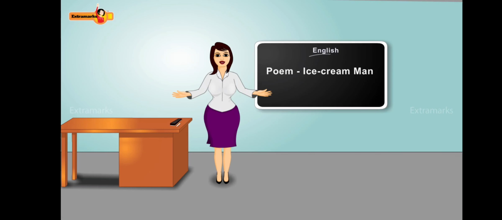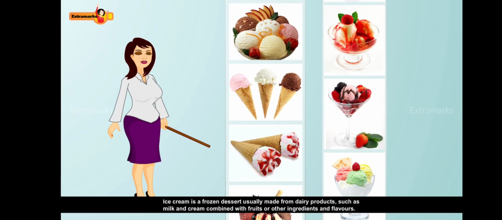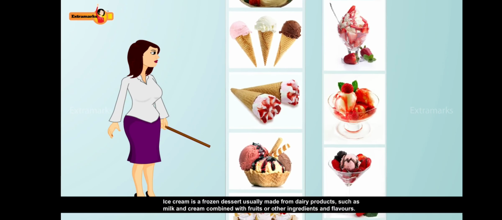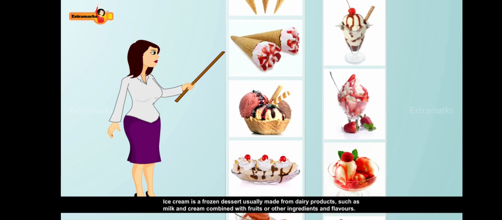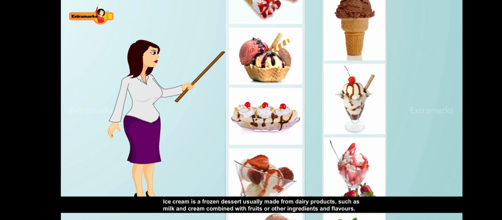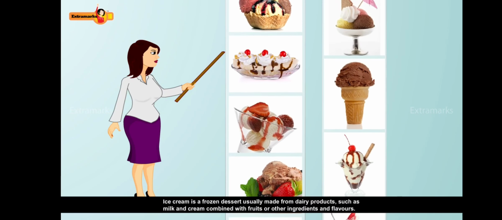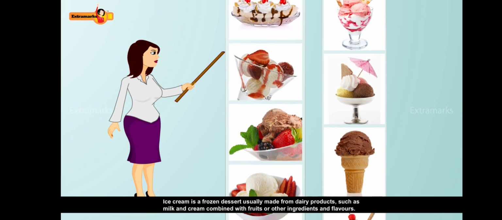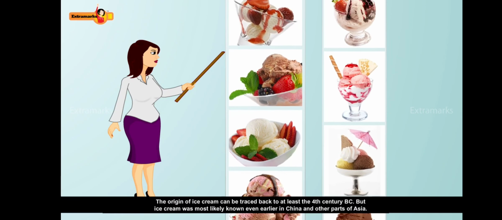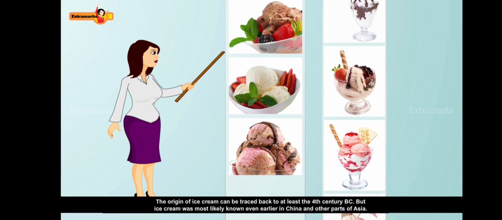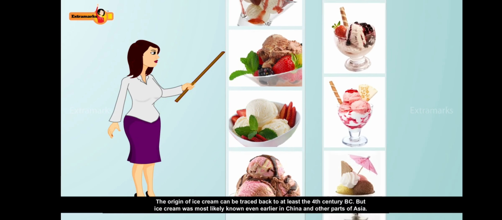Hi, I'm teacher Aparna. I will give you some extra knowledge related to the topics. Ice cream is a frozen dessert, usually made from dairy products such as milk and cream, combined with fruits or other ingredients and flavors. The origin of ice cream can be traced back to at least the 4th century BC.